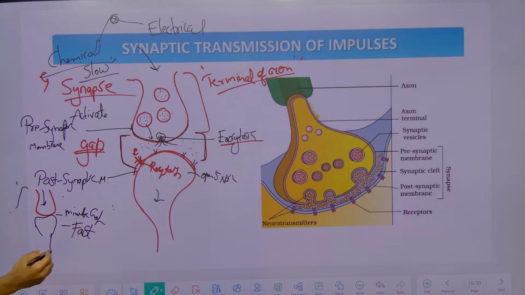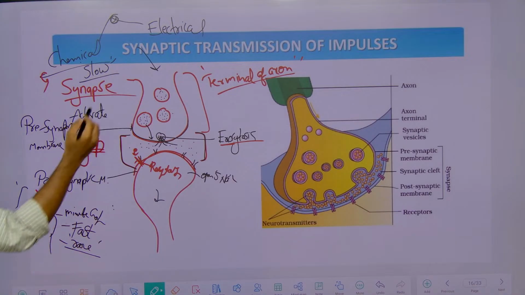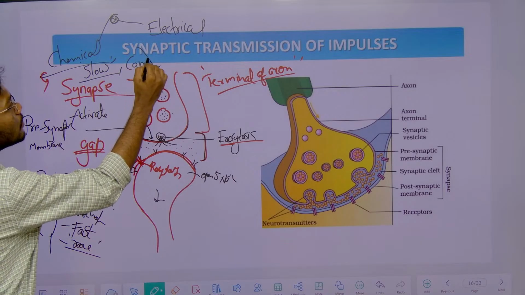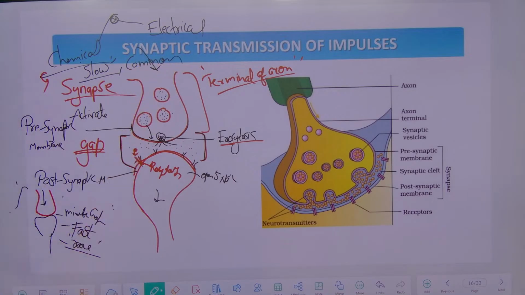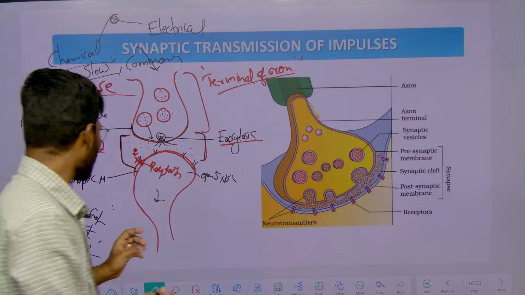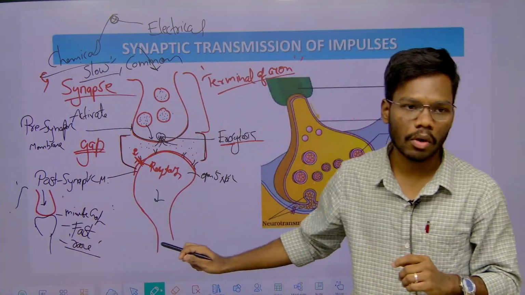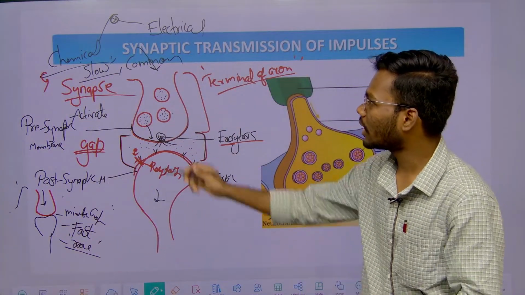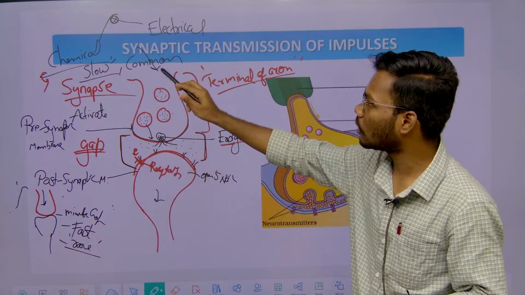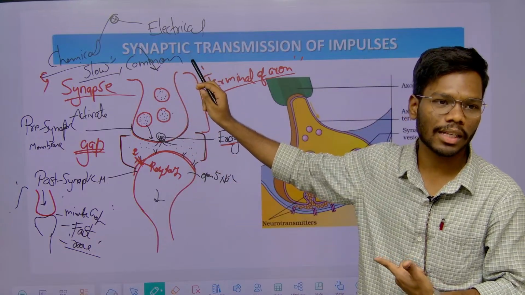Also, electrical synapses are very rare in our human body, and chemical synapses are very common. So based on these properties, we classified two types of synapse: chemical synapse and electrical synapse.